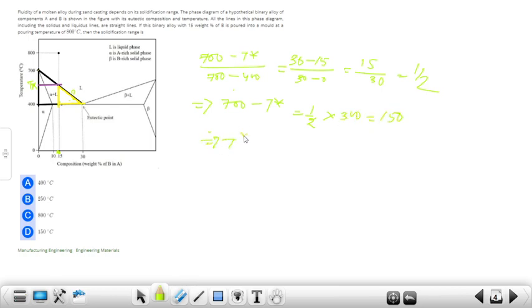So T star will be 700 minus 150, which is equal to 550 degrees centigrade. So the temperature range is T star minus 400, which is 550 minus 400, which is equal to 150 degrees centigrade. So option D is the correct answer.